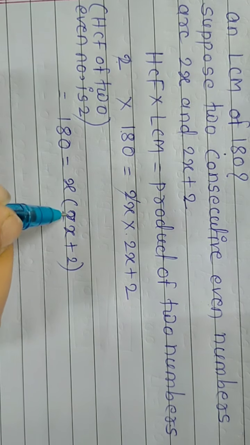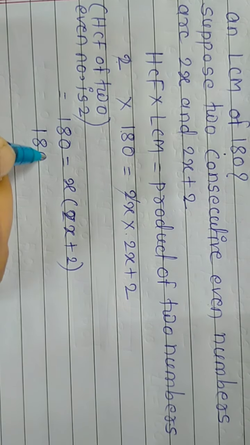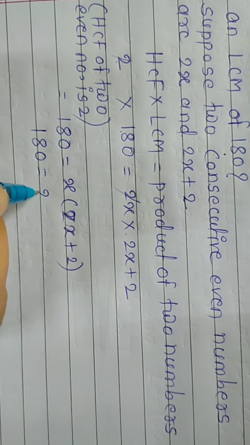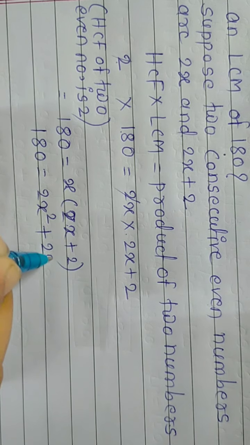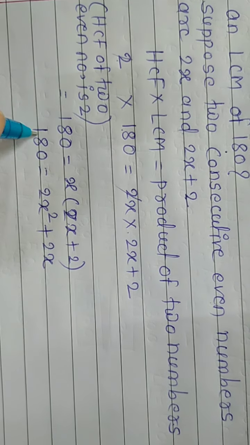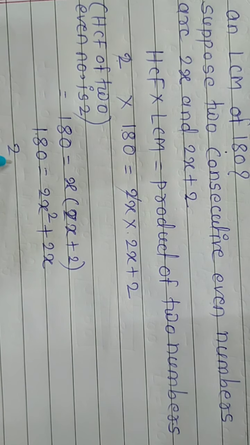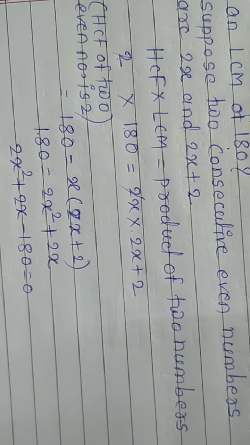Then this x multiplies these bracket terms. 180 is equal to x into 2x, 2x square plus x into 2, 2x. Then transfer this 180 to this side, which means the sign will be changed. 2x square plus 2x minus 180 is equal to 0.